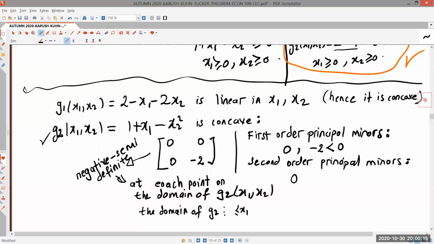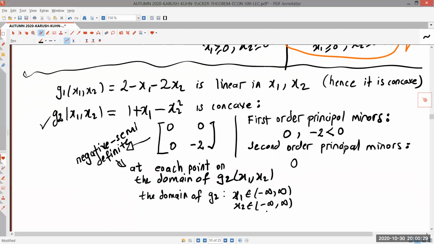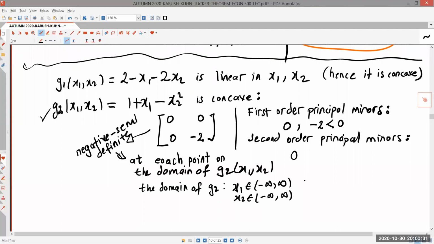X1 would be between minus infinity and plus infinity, and X2 also minus infinity plus infinity, any number. So if this is the case, since it is negative semi-definite at each point in its domain.